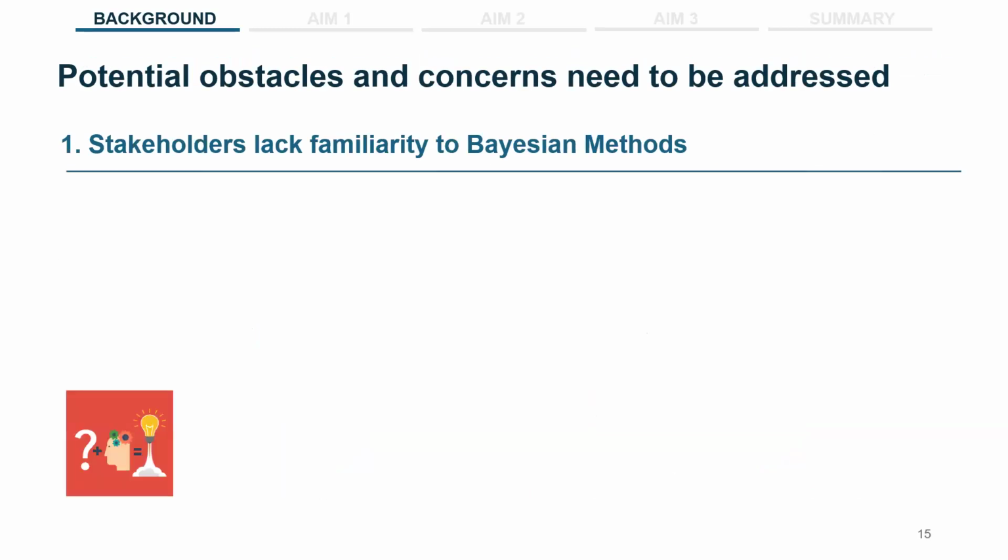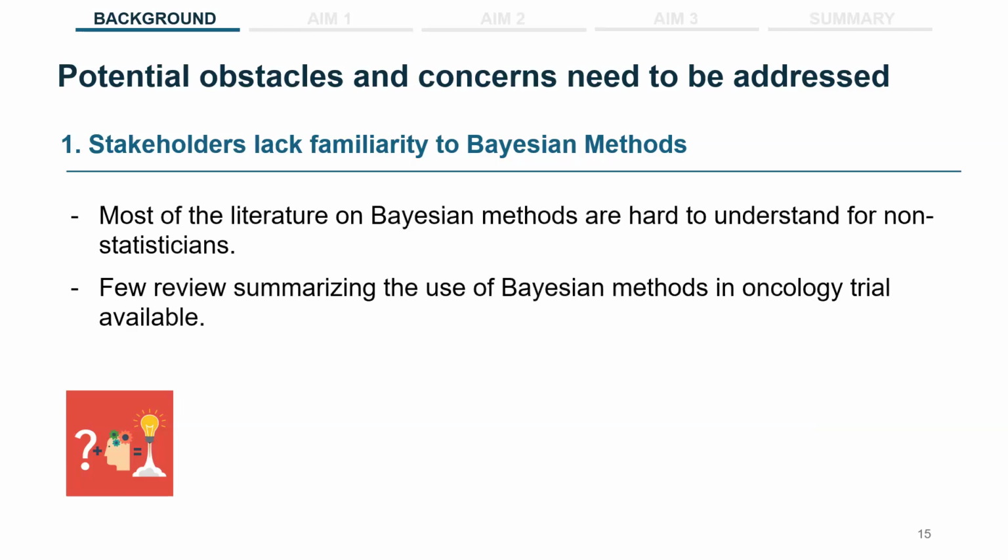First, stakeholders such as regulatory agencies and physicians lack familiarity with Bayesian methods. Most of the literature on Bayesian methods is very technical and hard to understand for non-biostatisticians, and very few reviews have summarized Bayesian trials that have been conducted in the past, and they were based on only 1 or 2 databases.